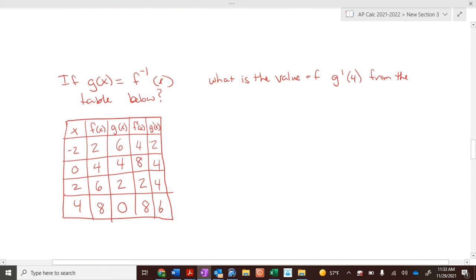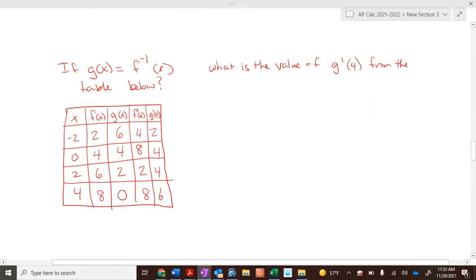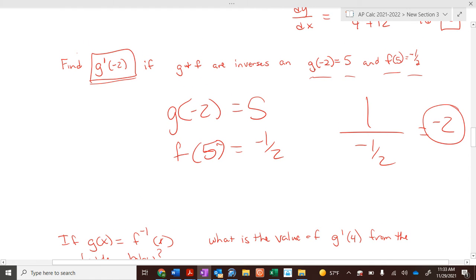Okay. So then if we go to a chart, their chart is going to be a little more complicated than Salman's. So you just got to follow the formula. To find g prime of negative 2, we took the negative 2 that led us to 5. The 5 led us to negative 1/2 and put that on the bottom.